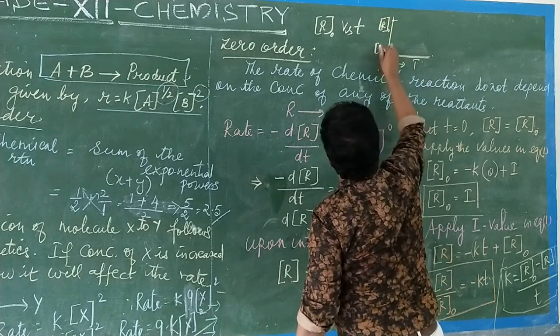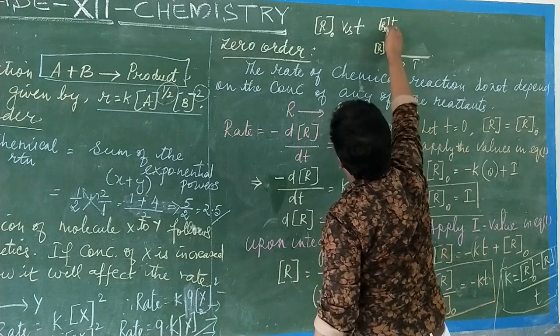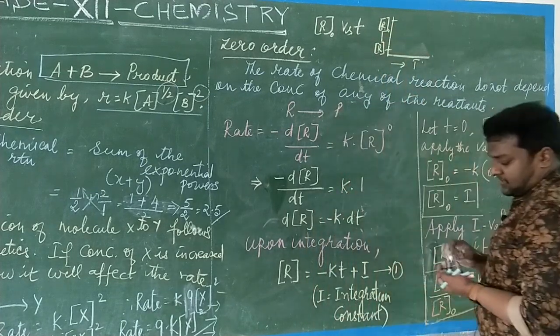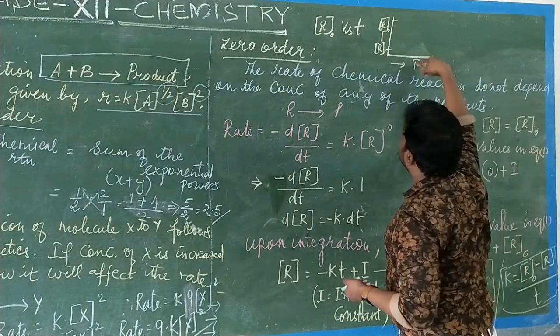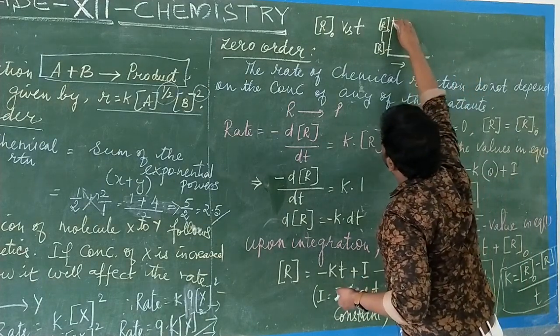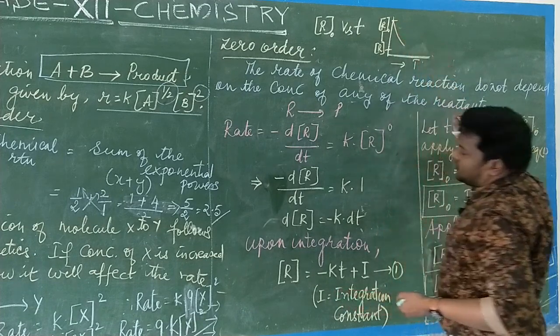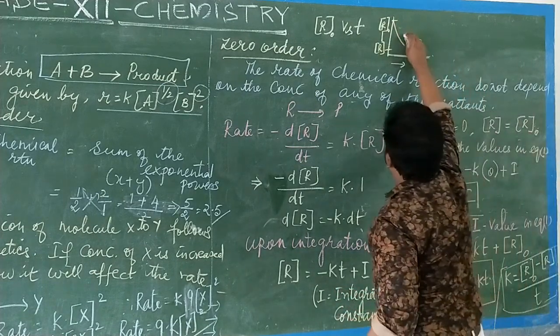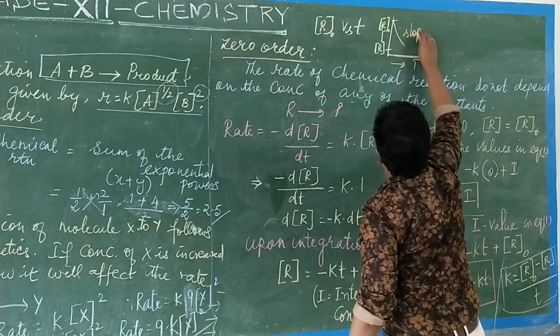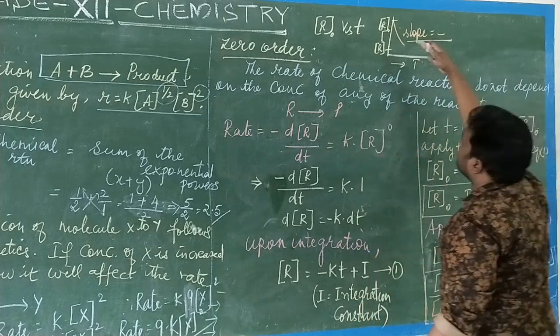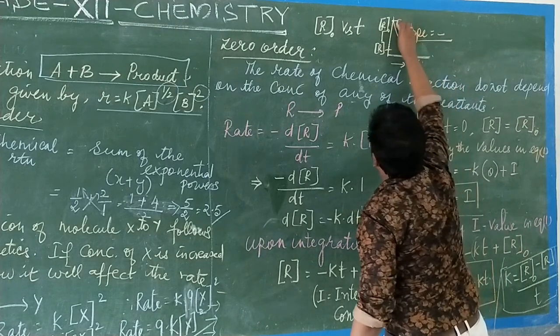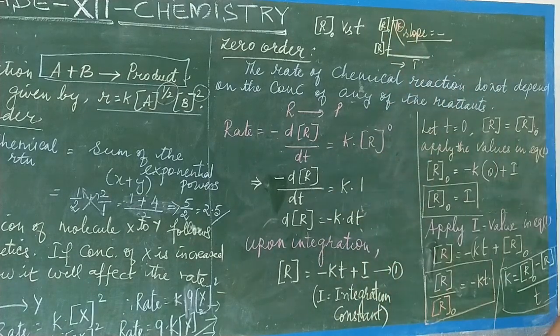This becomes concentration of R. It comes down from R naught to R. Now the reaction proceeds from R naught with respect to time. As the reaction proceeds, it comes like this. So the slope goes on decreasing, that is minus. The slope becomes minus. The slope is nothing but what? The rate constant, which we call K.